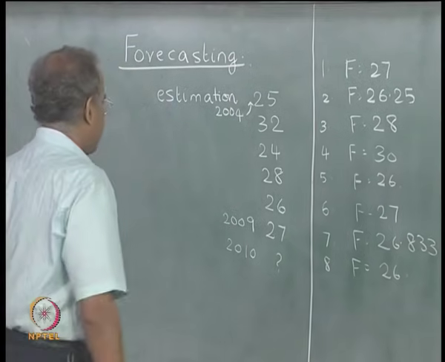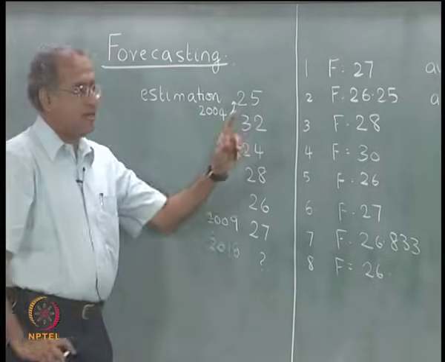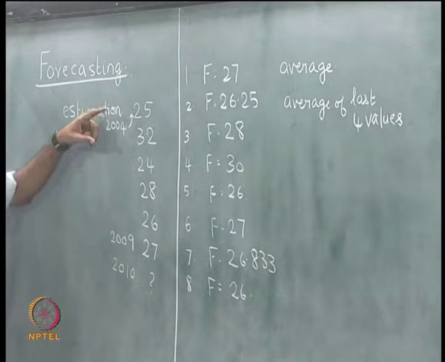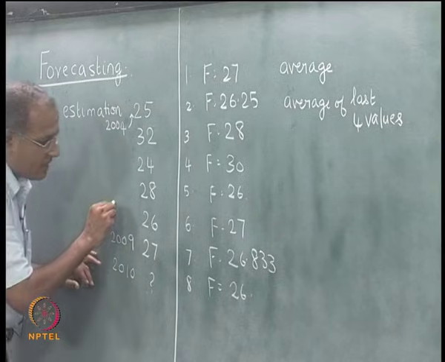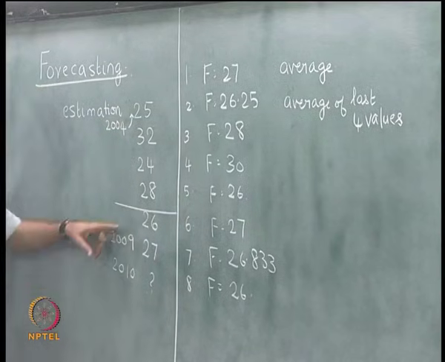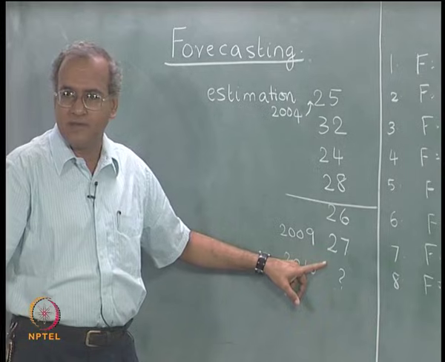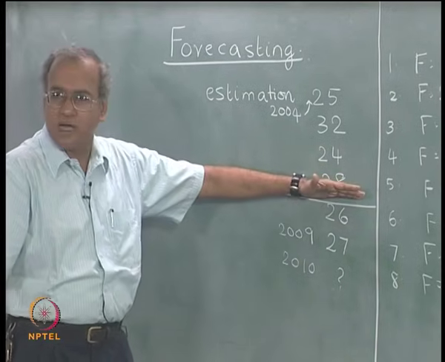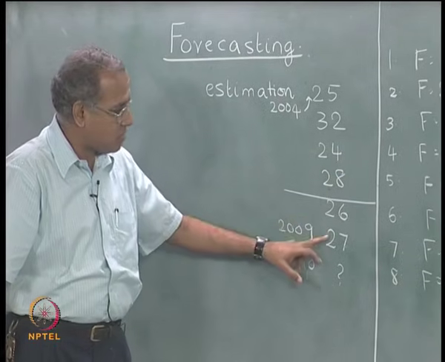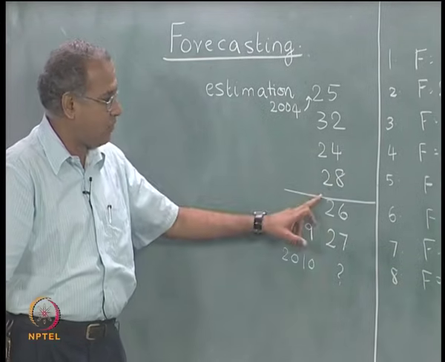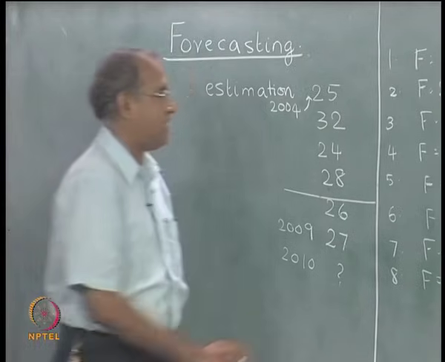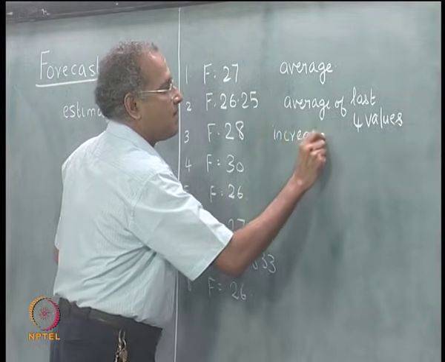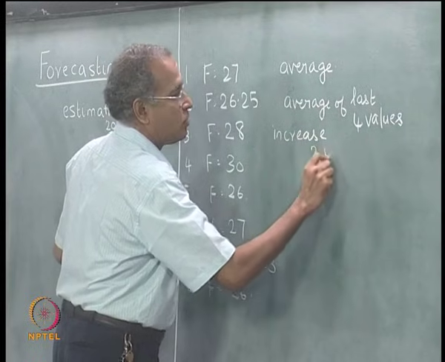The third student who said 28 looked at the last two values which happened to be 26 and 27, and believed that considering only the last two values, this seems to show an increase, and therefore the student gave the forecast as 28, which is an increase based on the last two values.